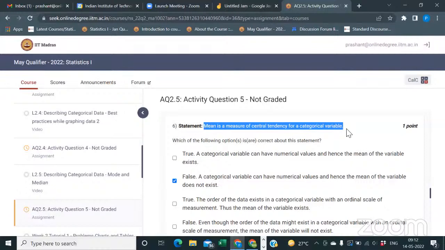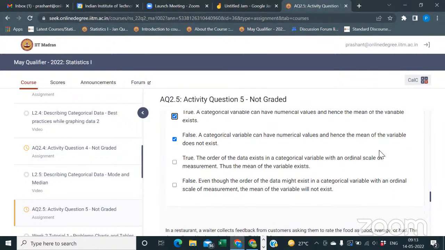So this statement is false. First thing. Second thing, you have to find out why it is false. If you say option D, even though the order of the data might exist in a categorical variable, it's true.